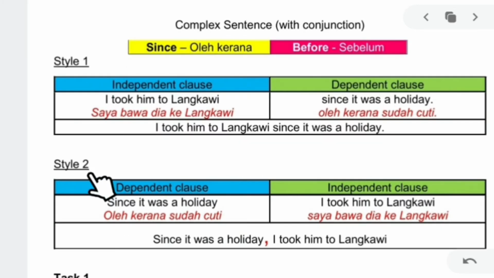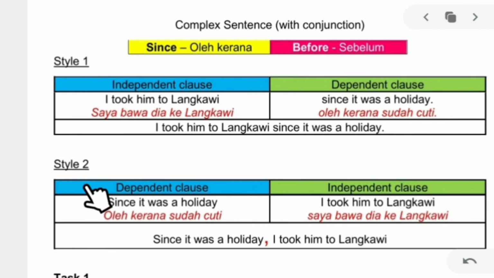For style number 2, you can write a complex sentence by writing the dependent clause first and then followed by the independent clause. Bagi cara kedua, anda juga boleh menulis ayat kompleks dengan menulis dependent clause dahulu dan kemudiannya baru diikuti dengan independent clause.